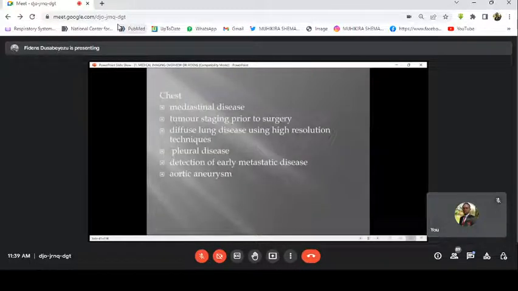For chest, mediastinal disease, CT is better than MRI. Tumor, because of air around, tumor staging prior to surgery, CT is good. Diffuse lung disease like interstitial lung disease, for example. There is a technique we use in CT scan called high resolution CT.